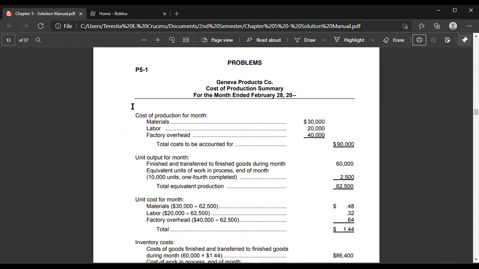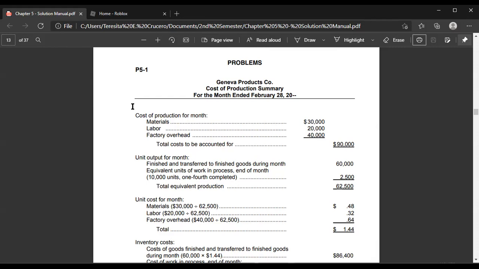Geneva Products produces latex paint and uses the process cost system. Materials, labor, and overhead are added evenly throughout the process. The following information was obtained from the company's accounts at the end of February.